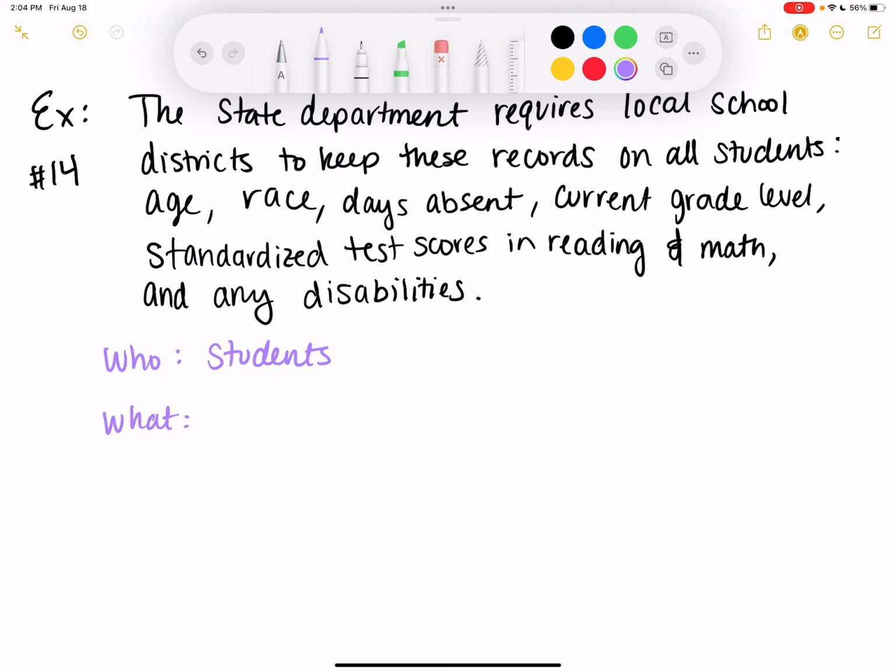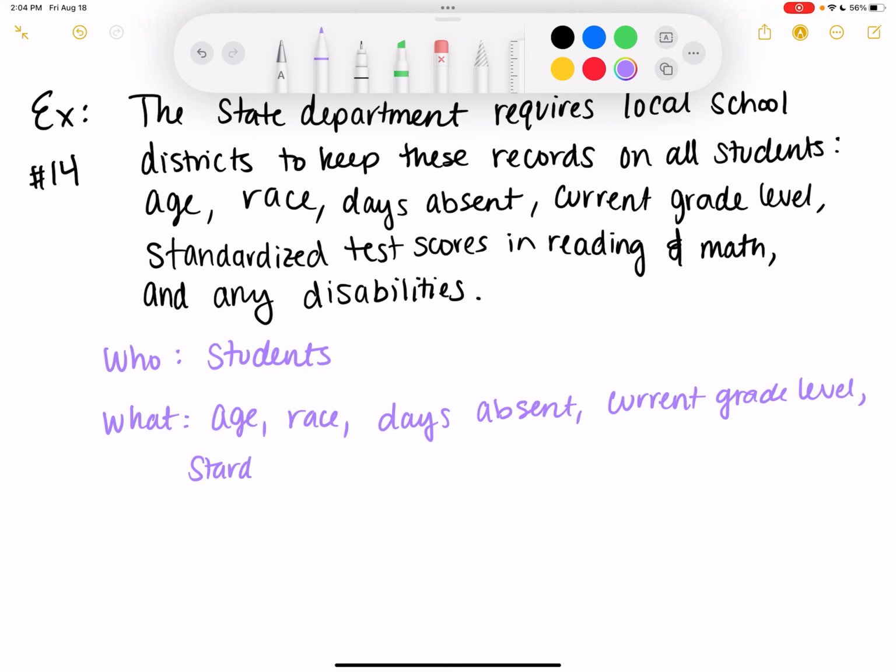So the what in this case is going to be age, race, days absent, current grade level, standardized test scores in reading and math, and any disability.